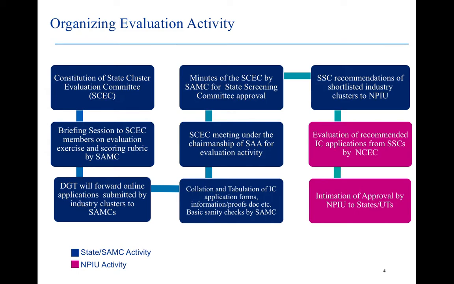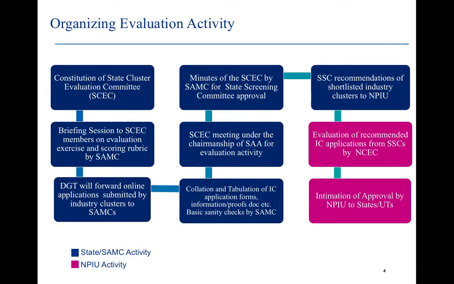Of course, after this, once the information is collated and organized, the SCEC meeting will be organized under the chairmanship of the State Apprenticeship Advisor. The State Cluster Evaluation Committee meeting will deliberate each application form organized by the SAMC and then discuss and score each application form by consensus, and whatever the outcome of the evaluation is will be minuted and shared by the SAMC for the state steering committee's approval.